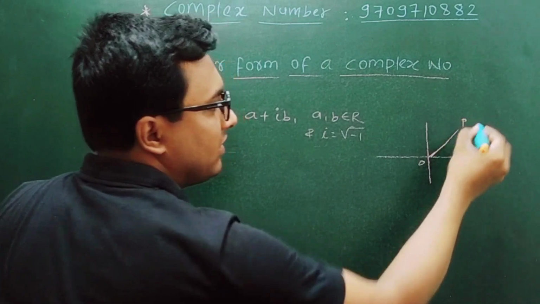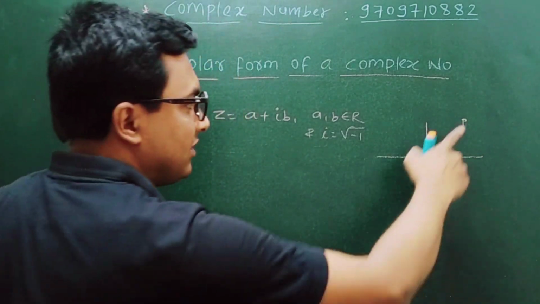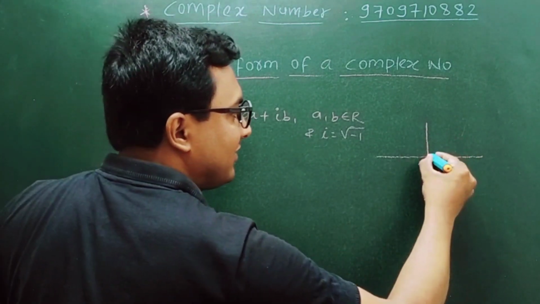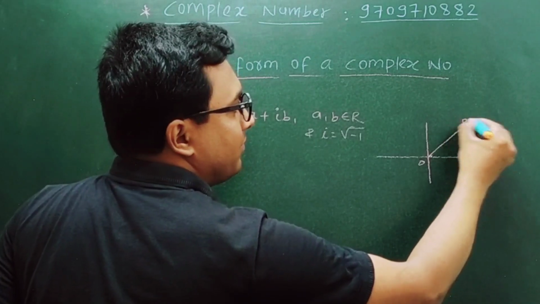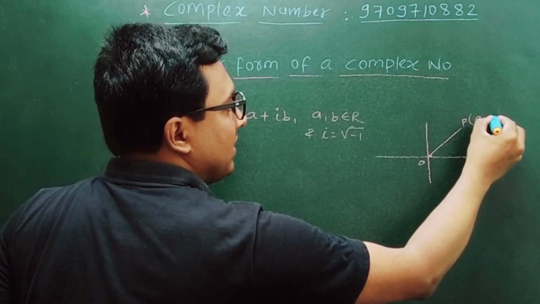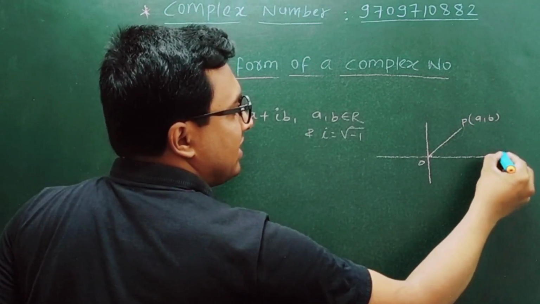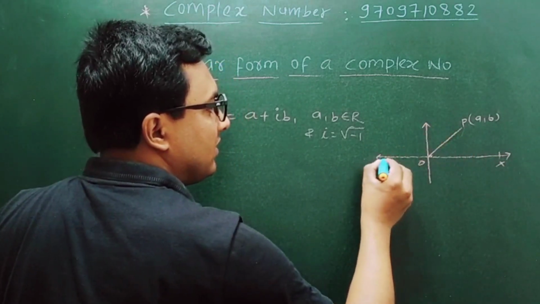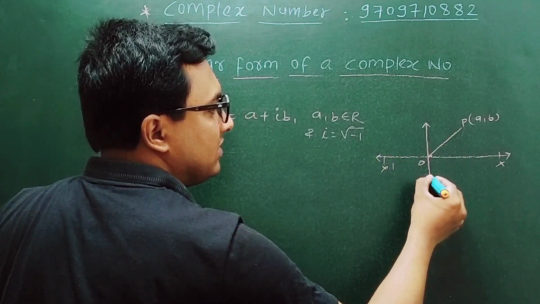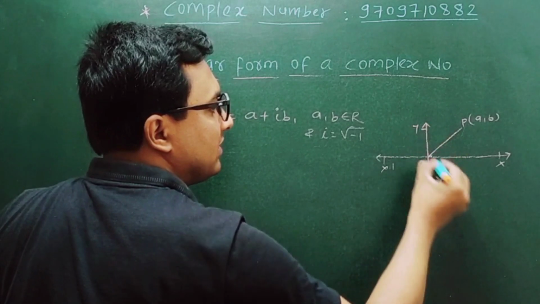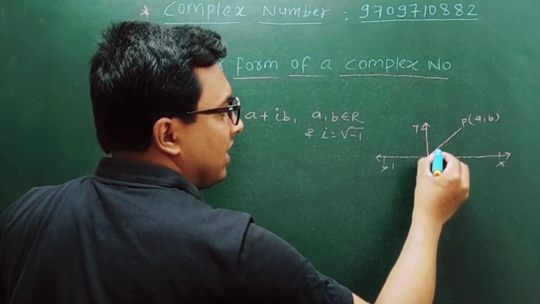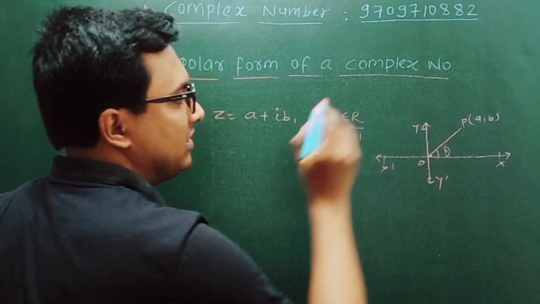OP will be a straight line here. P is the point (a, b). This is the real axis, this is the imaginary axis, and theta is the angle here.